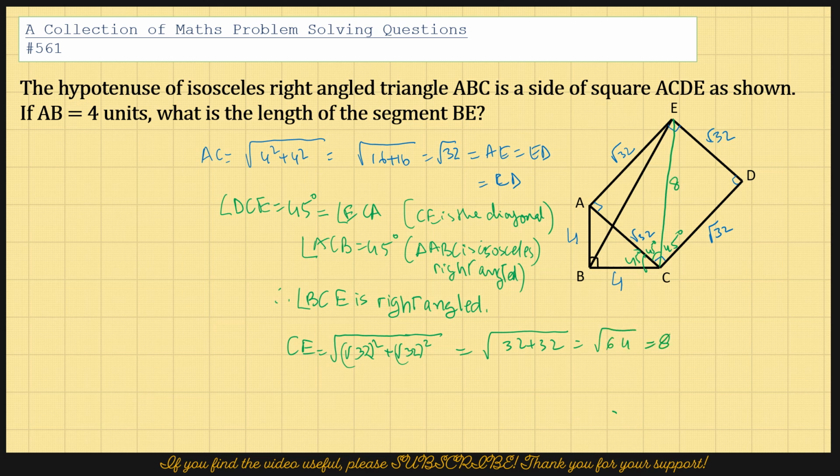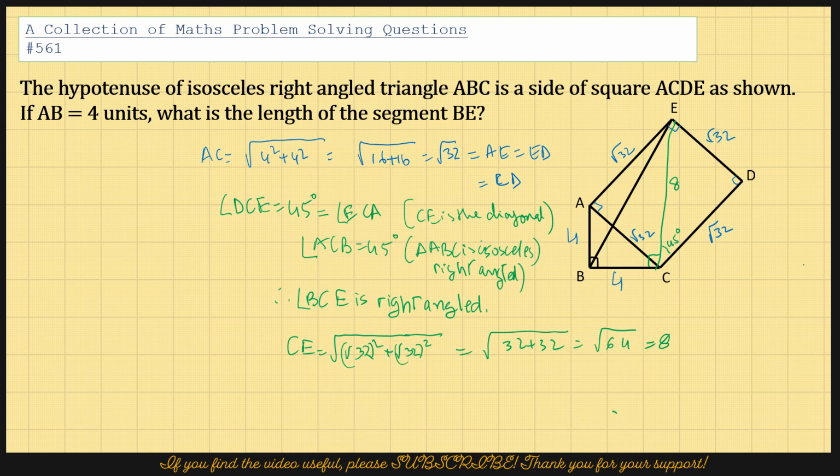So that is 8. And this I can say, if I remove the 45 degrees now, I'll just draw it again, and this is 90 degrees. Of course this is 45 degrees. Okay, so then CE we get is 8.